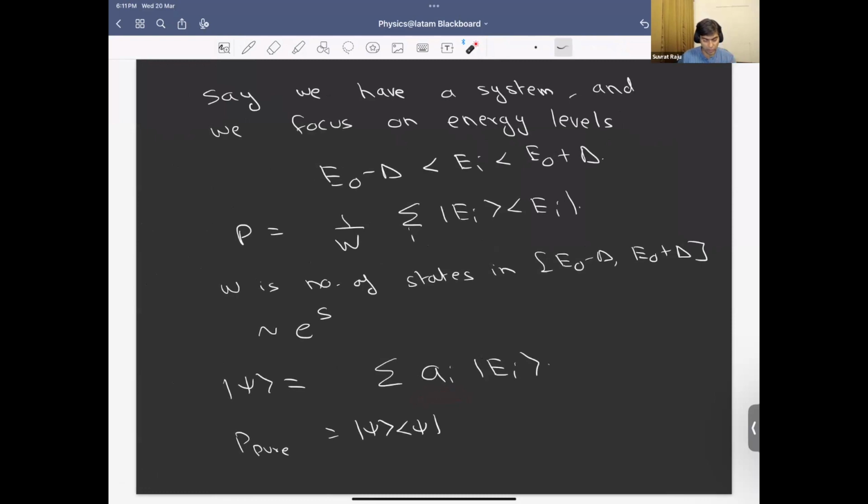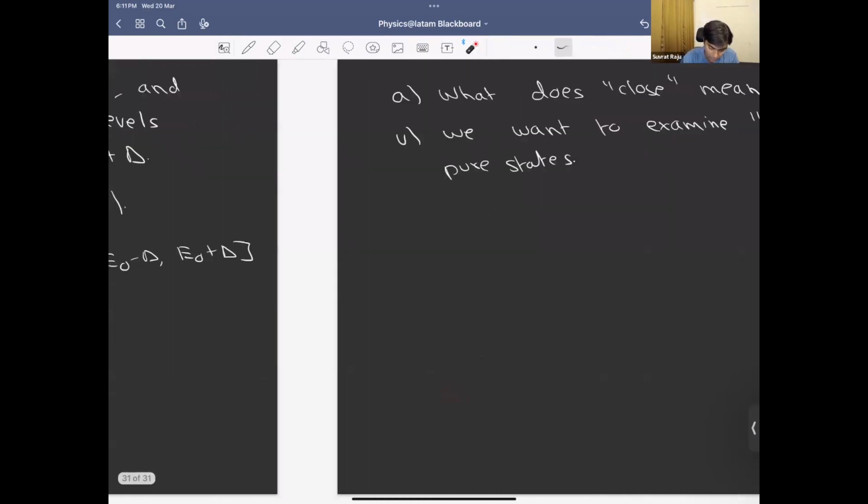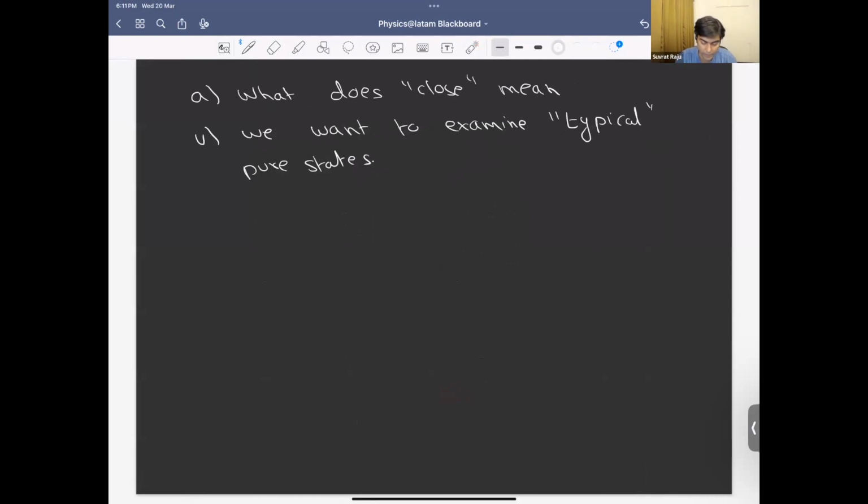And the question I want to ask here is, let's say I take a typical state, and you could tell me, what does typical mean? Okay. So let me answer these two questions, and I'll tell you how you can get a rather clear answer to these two questions and how it has a bearing on the information paradox.